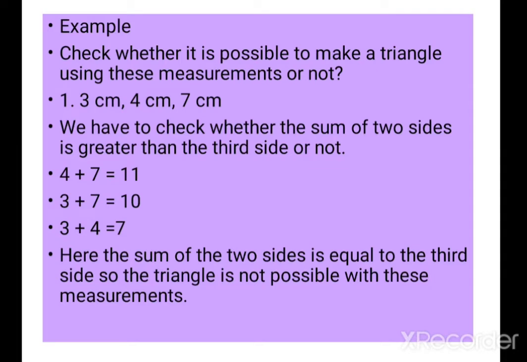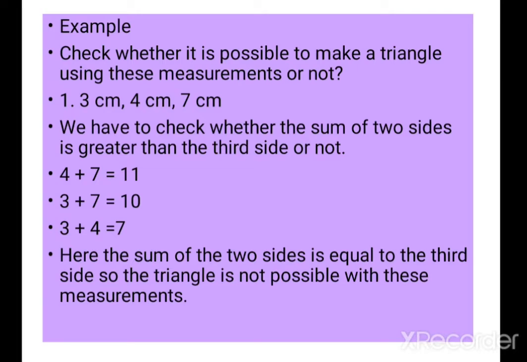Example: check whether it is possible to make a triangle using these measurements or not. So, we have to check whether the sum of two sides is greater than the third side or not. Let's check. 4 plus 7 equals 11. 3 plus 7 equals 10, and 3 plus 4 equals 7.